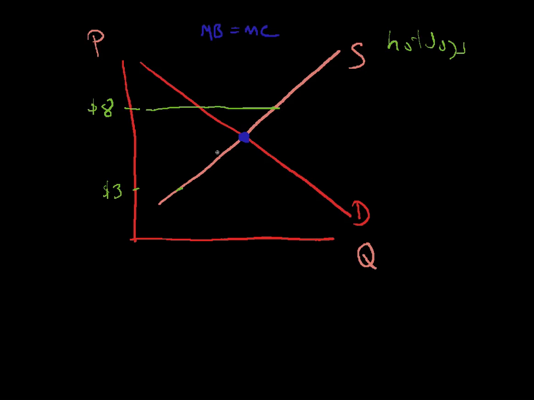Each time we raise the price, these suppliers would be more than happy to supply hot dogs. At $8, even this guy's happy to supply hot dogs. And you end up with a quantity of hot dogs supplied of, let's say, 10,800 hot dogs. At $8, we're willing to supply 10,800 hot dogs.